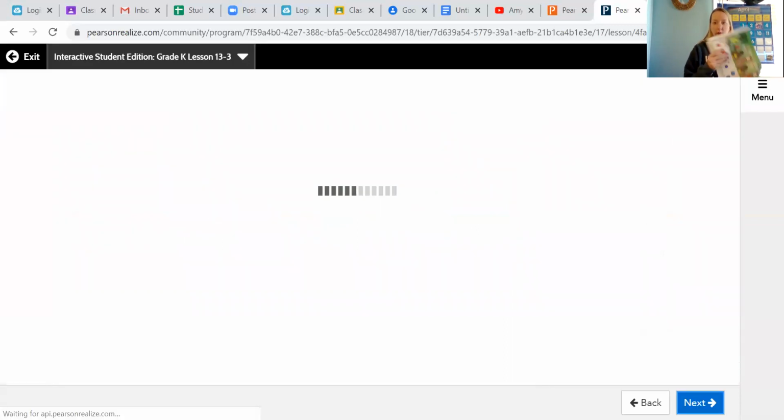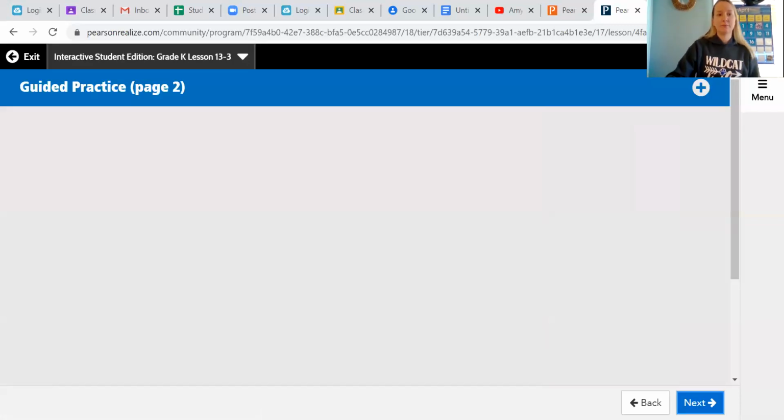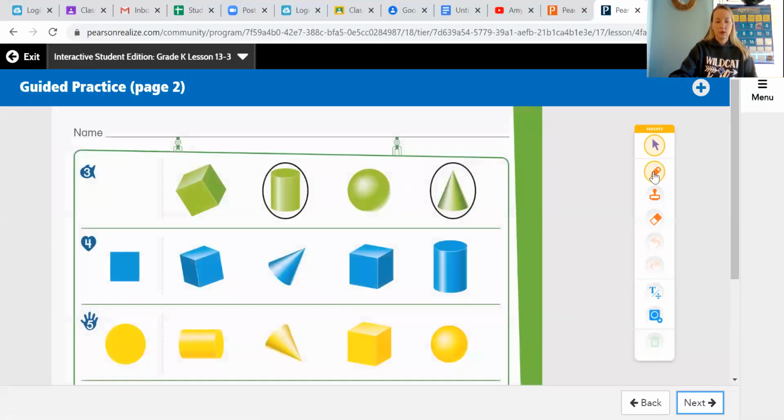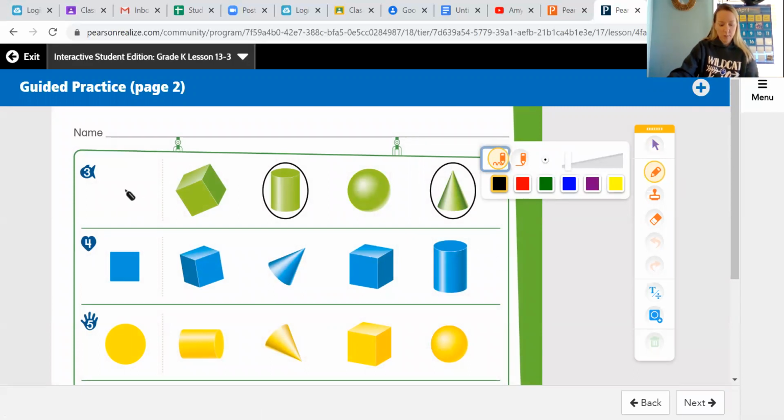All right, friends, flip your paper like a pancake. And we will get started. Okay, right here, number 3 says, draw the flat surface of the solid figures that have circles around them. So first, let's look at our shapes we circled.